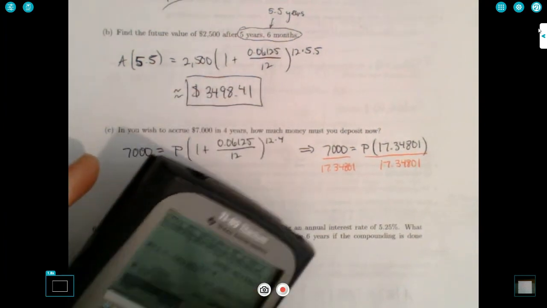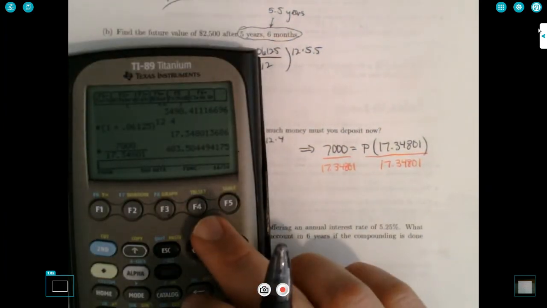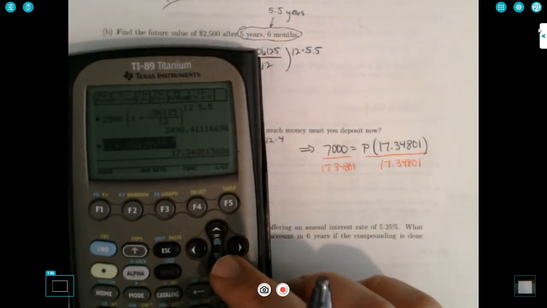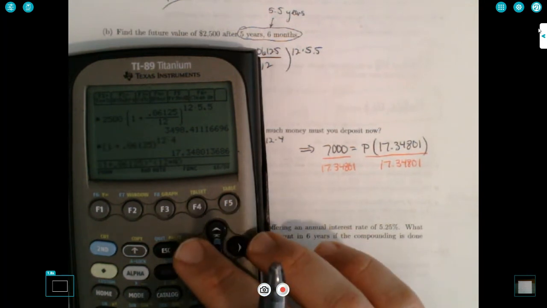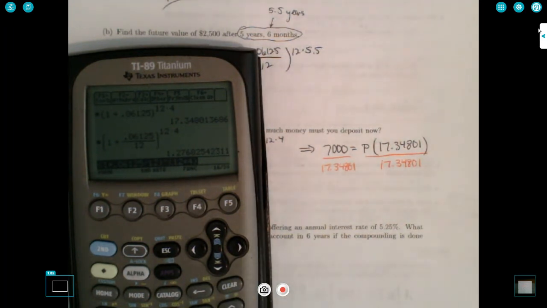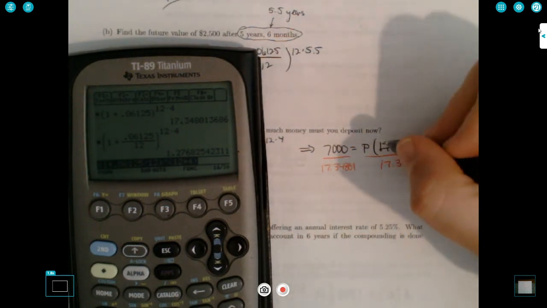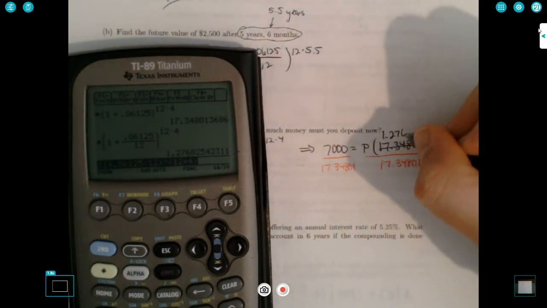Hold on a second. I made a mistake. This isn't right. It's because here I forgot to divide by 12. There we go. That makes a little bit more sense. So this should have been 1.276825.